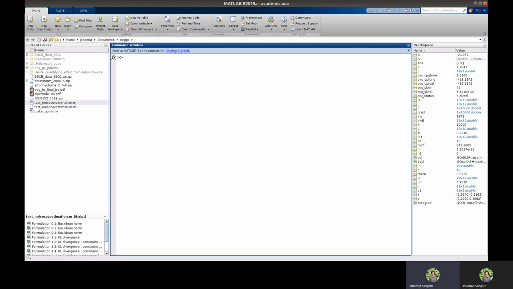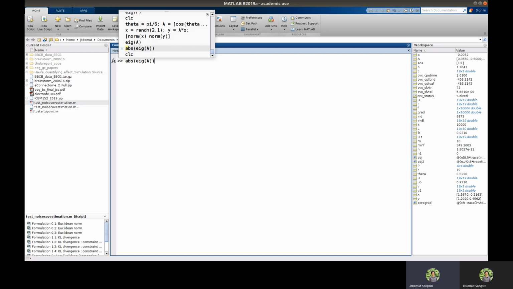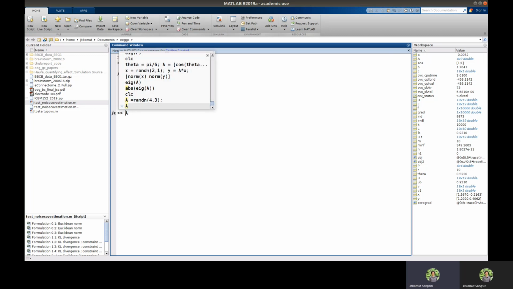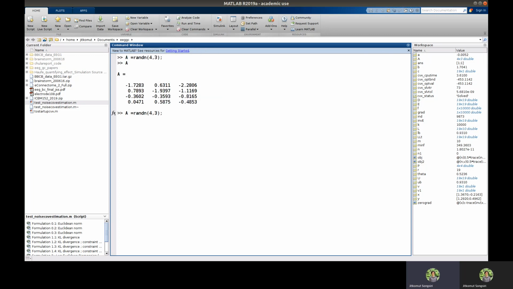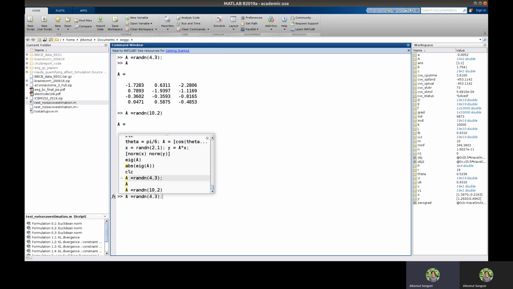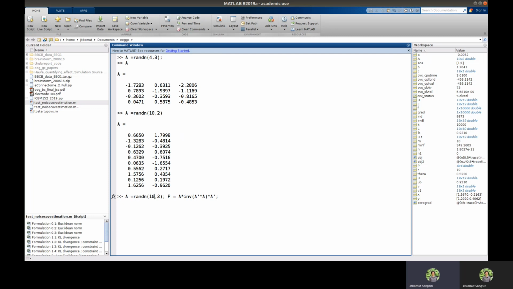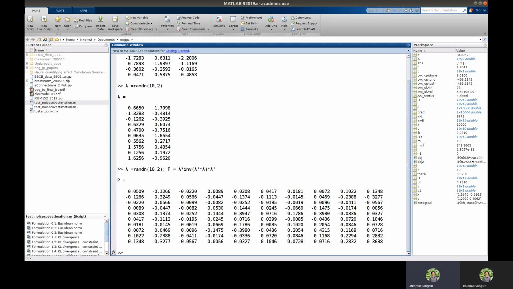Now I'm just going to construct A. My A is a tall matrix, 10 by 2. And I construct P, the matrix P, as an orthogonal projection matrix as given in the slide. P looks like this.